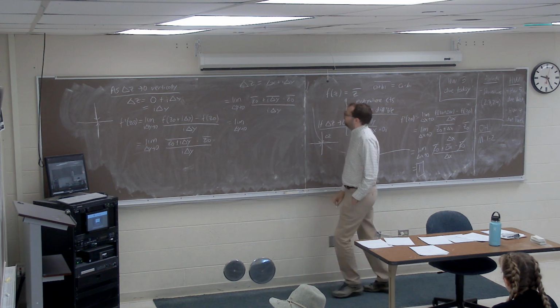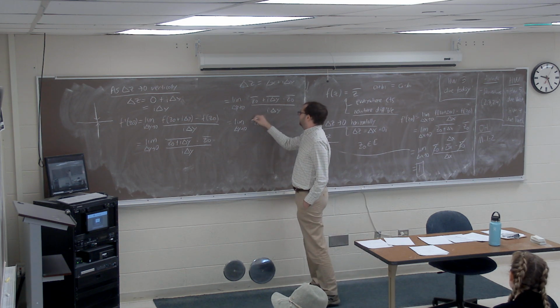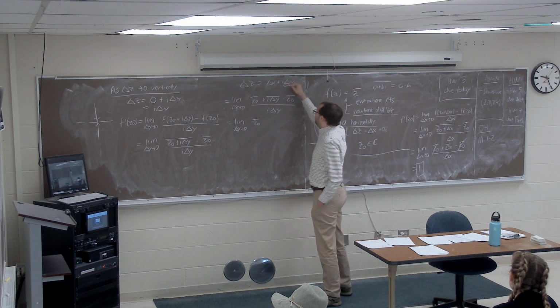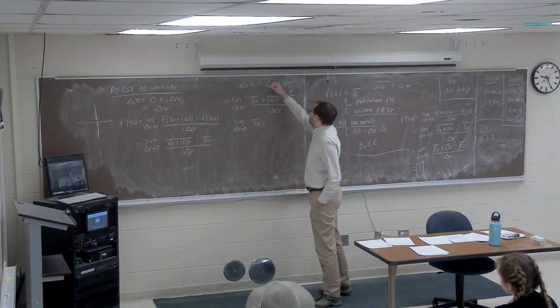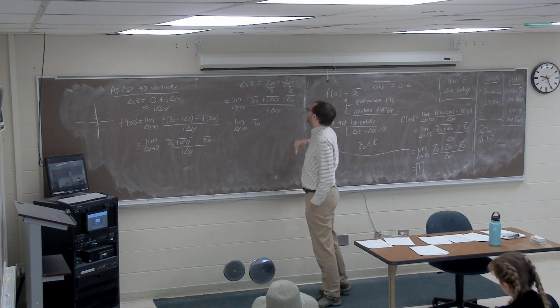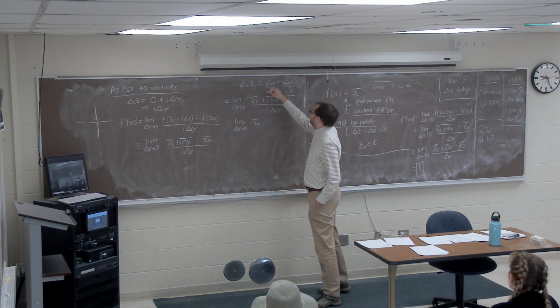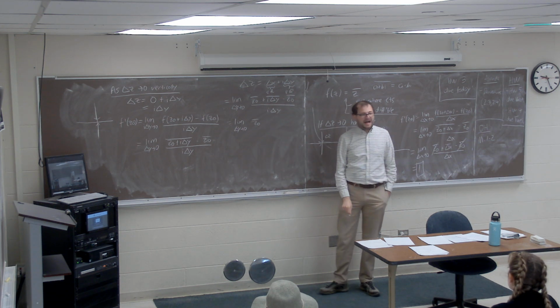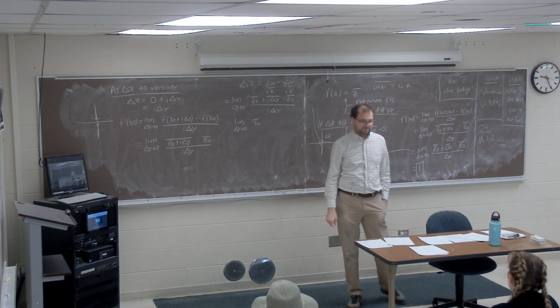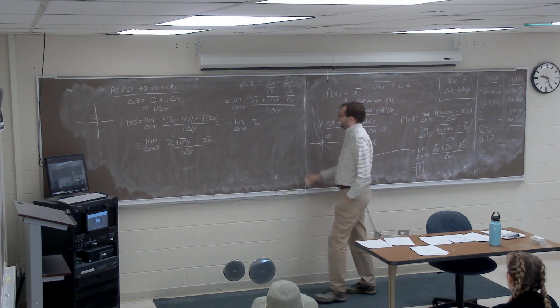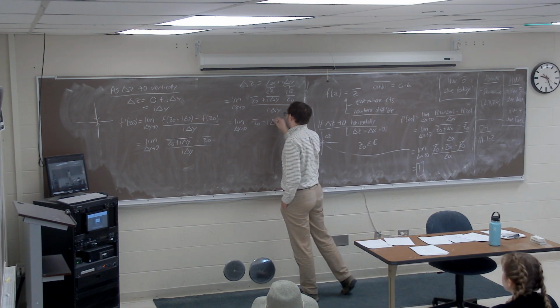Katrine, if delta y is a real number, what's going to be the complex conjugate of i times delta y? Negative i delta y. Yeah, it's going to be minus i delta y.